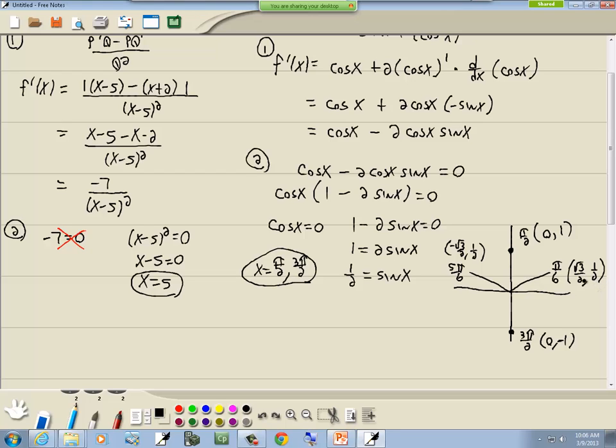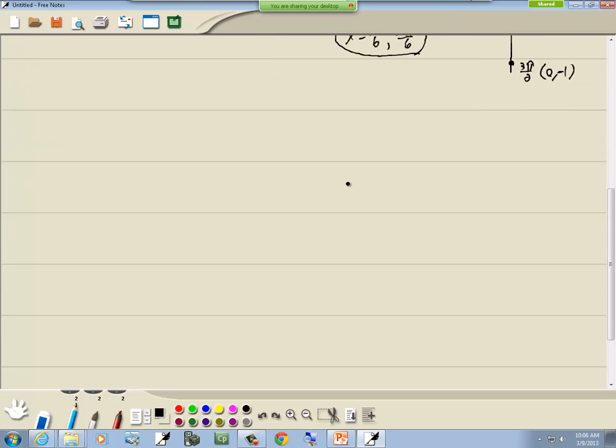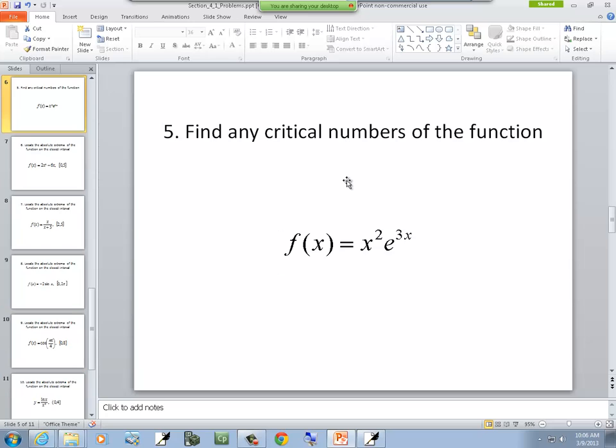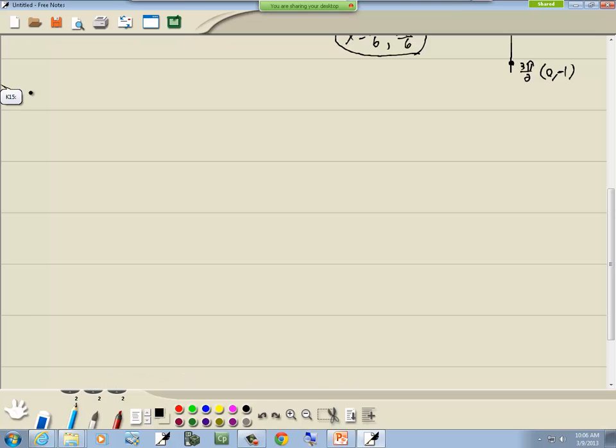It's equal to 1/2 here at pi over 6. It's also equal to 1/2 over here at 5 pi over 6. So those would be our 4 critical numbers for that problem. I think this is the last critical number one. Then we'll look at the next item.